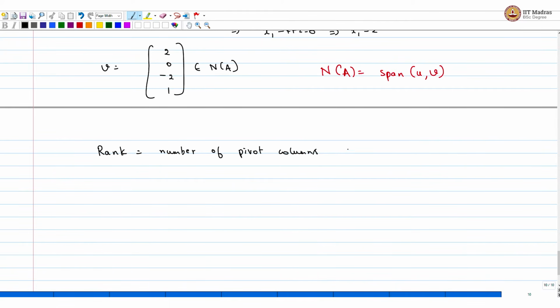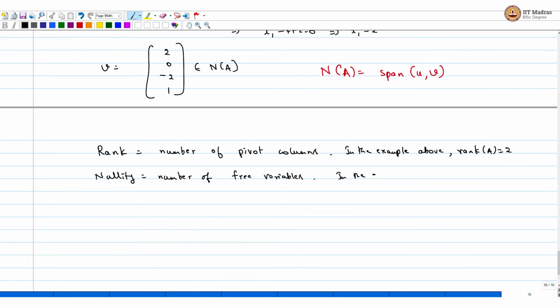In the example above, rank of A equals 2, and the nullity is the number of free variables.